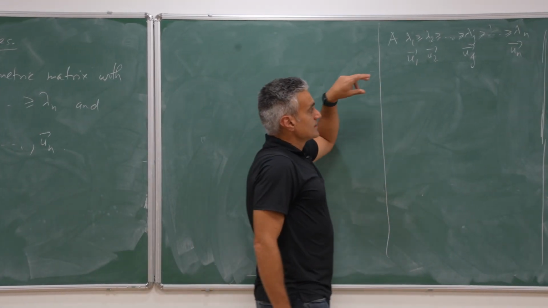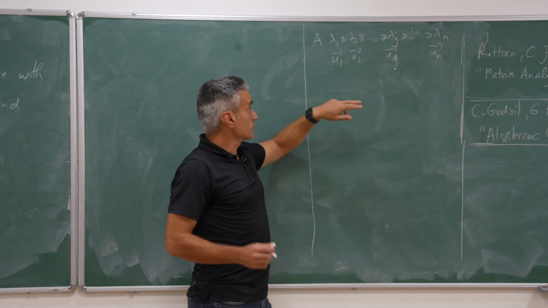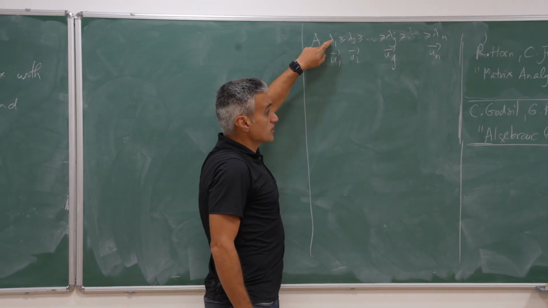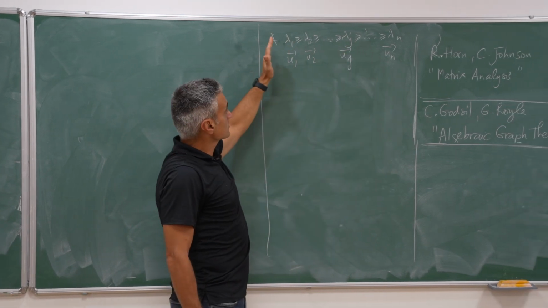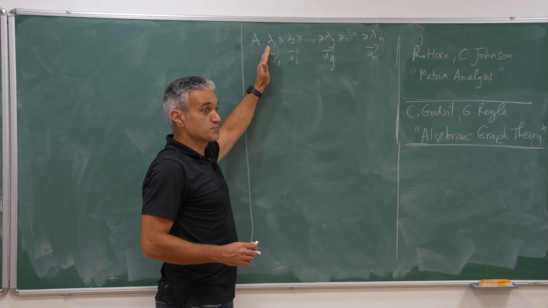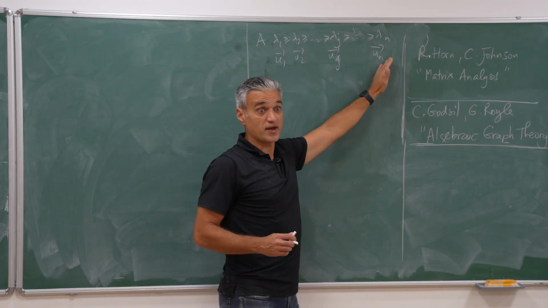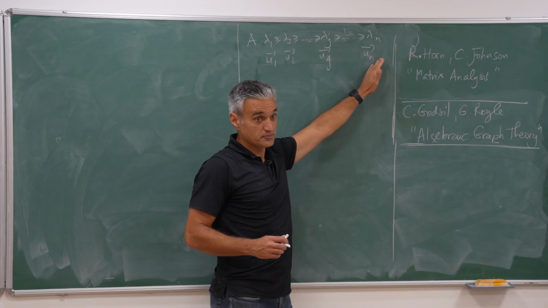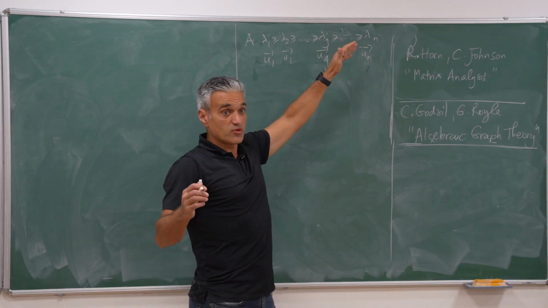So this is how you can remember what we're going to do for general lambda j. Lambda 1 is the largest in this sequence, so it's going to be the largest of the Rayleigh quotient in the space spanned by everything, which is Rn, the space spanned by u1 all the way to un. Lambda n, because it's at the end of the spectrum, is going to be the minimum of that.